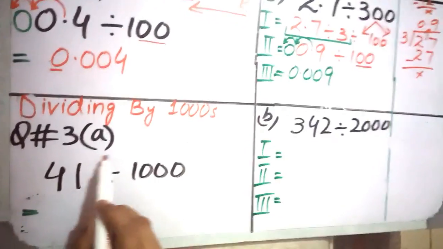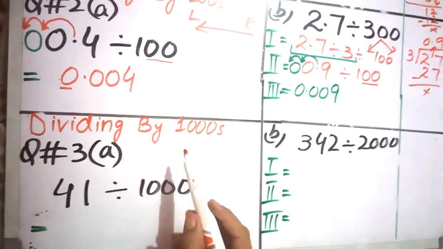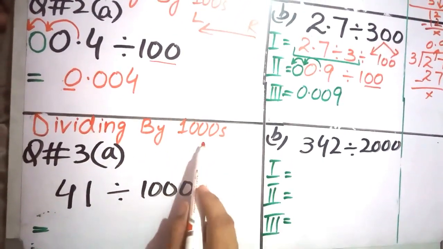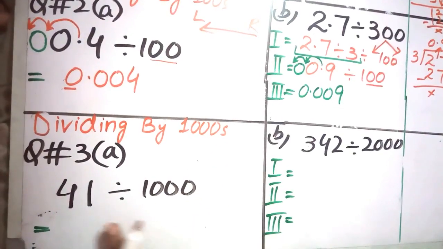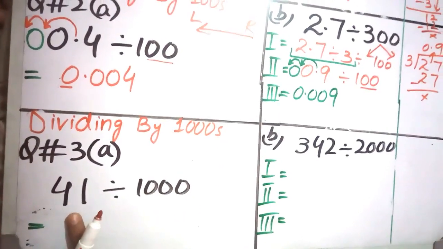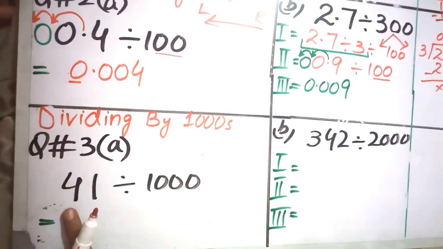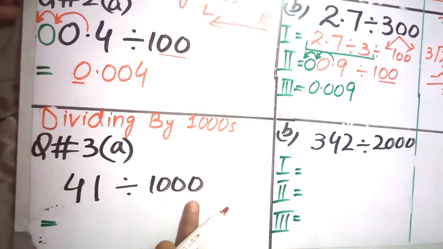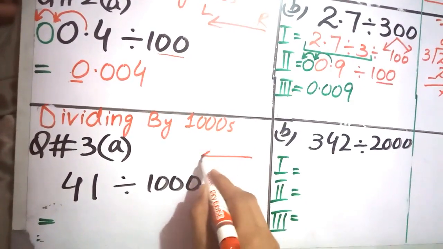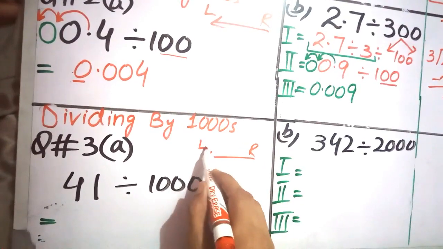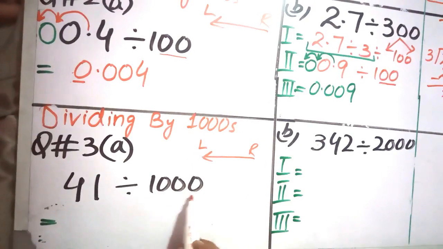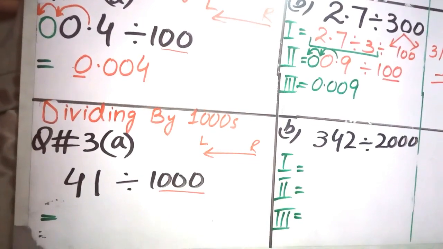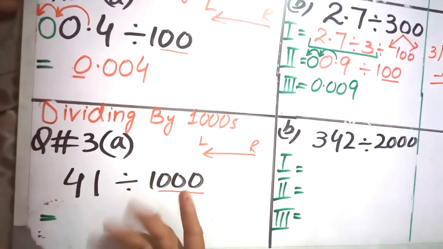Now question number 3, dividing the number by thousands. Whenever we divide, this number 41 is not a decimal. 41 divided by 1000. Again we will go from right to left. Now can you see we have three zeros and we have to shift the point three times.